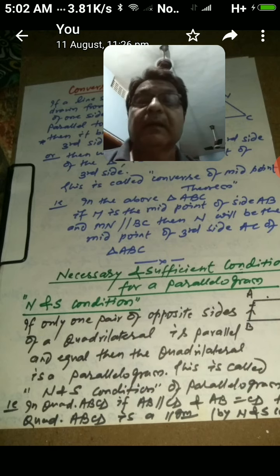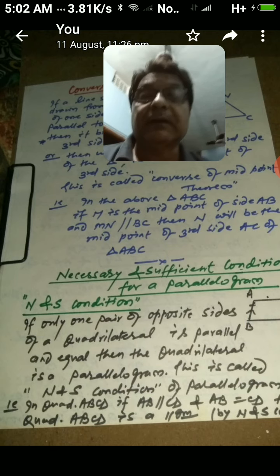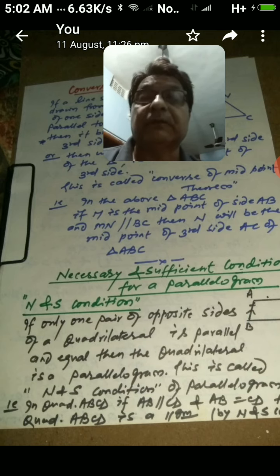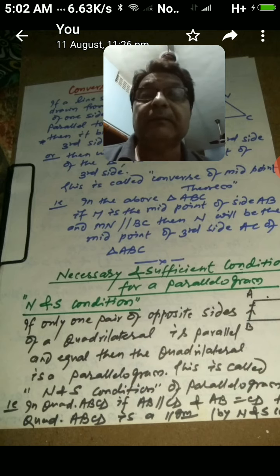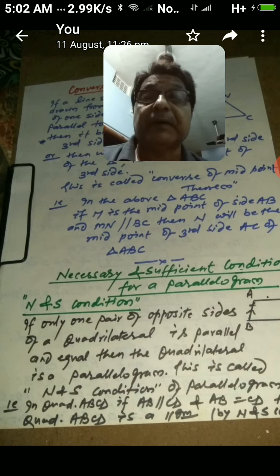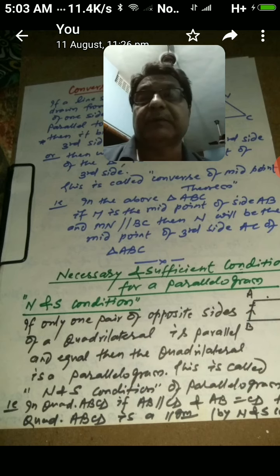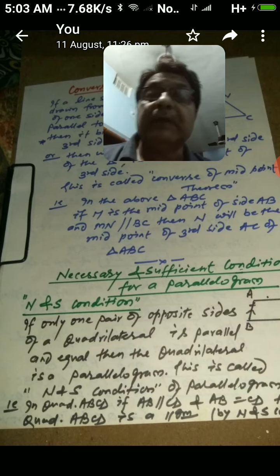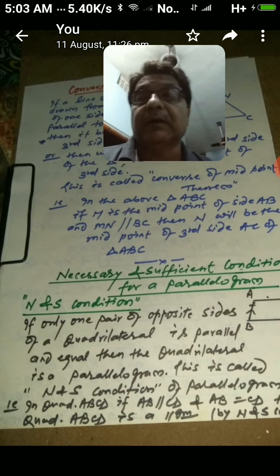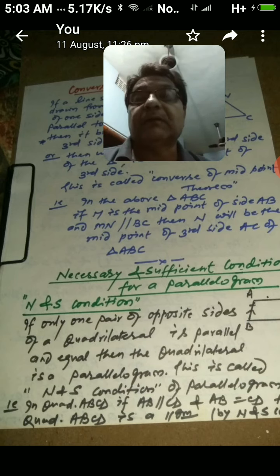Such a unique name is given for one reason: before this rule, to make a given quadrilateral a parallelogram, we were using both pairs of opposite sides, either making them parallel or making them equal. Now this statement says, is that not necessary?